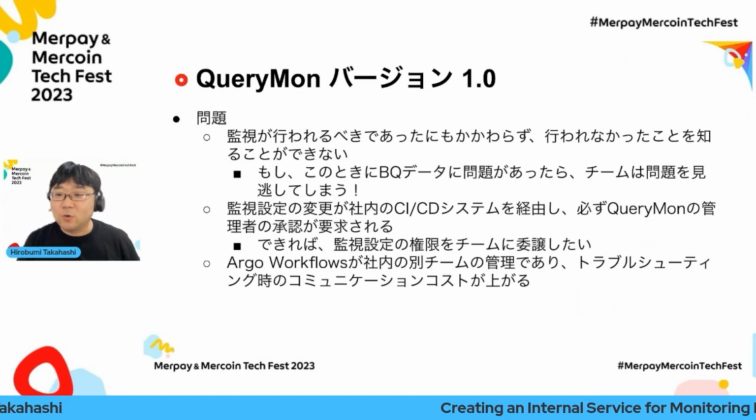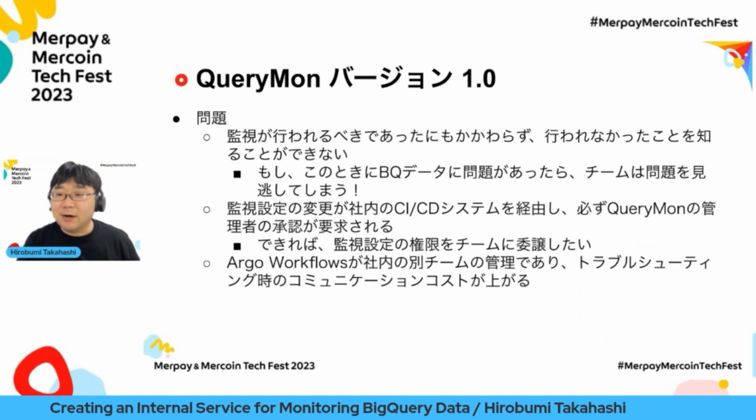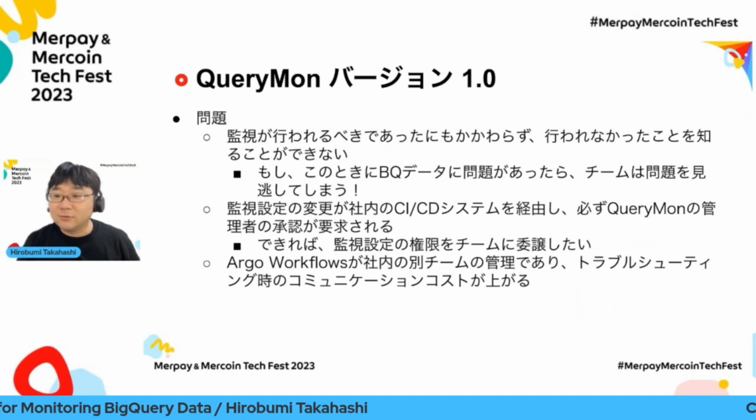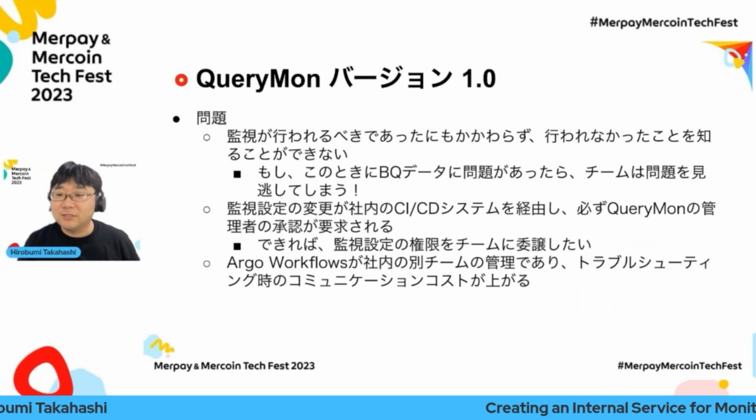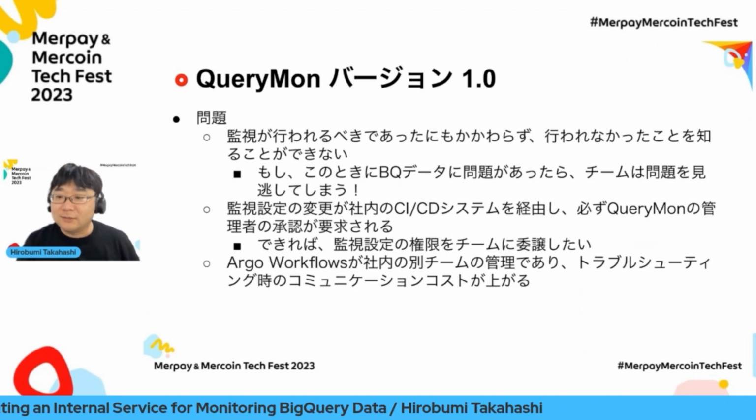Next, for changes to the monitoring target, the QueryMon administrator would need to review them. Monitoring settings were expressed as Argo Workflows resources, and these resources are changed via a CI/CD system, which required a QueryMon administrator's review and approval.